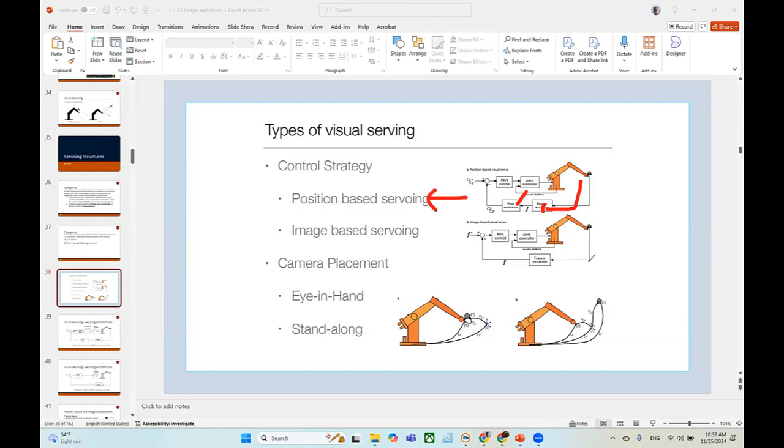If you don't recover, you just calculate XYZ, that is image-based.